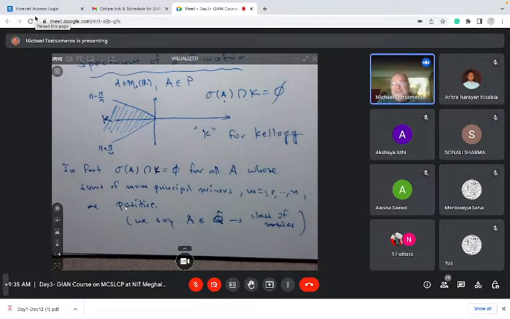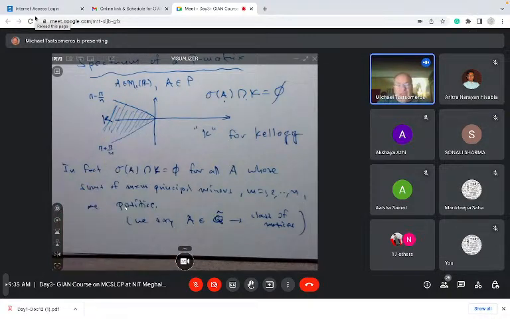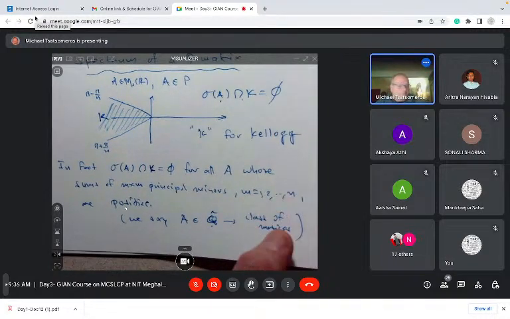All of these sums for P matrices are positive. So the characteristic polynomial of a P matrix has alternating coefficients, and that forces the eigenvalues to be outside this region K. But it's true for every matrix in this class. And that leads to a plethora of interesting questions regarding the spectra of P matrices and Q hat matrices. I will come back to them on our last day.